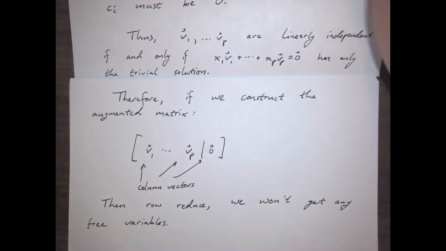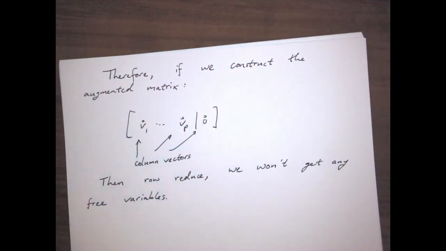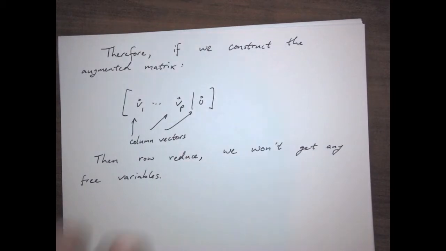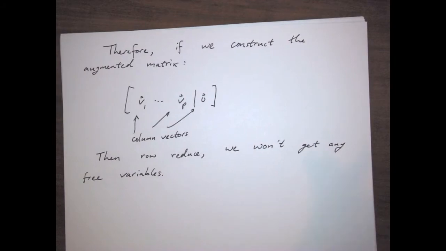If we do get free variables, then what that means is that we have a recipe for making the v's equal 0.